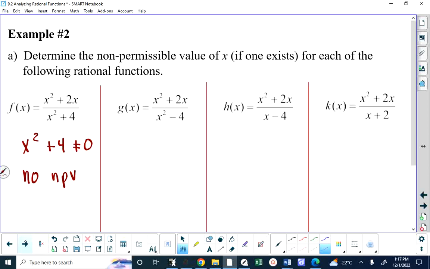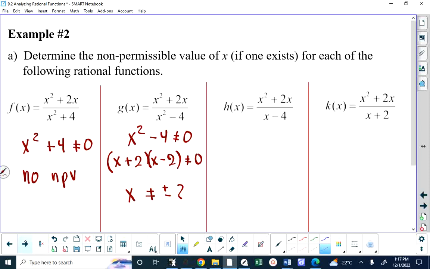And we're not going to graph these, but you might be interested to know what it looks like. You can graph it later on your own. To find the non-permissible values here, you're going to solve this statement. I would say at some point you should be able to just look at that and go plus or minus 2. You can move the 4 over and take plus or minus the square root, or you could factor it as a difference of squares and just see that each factor cannot equal 0.